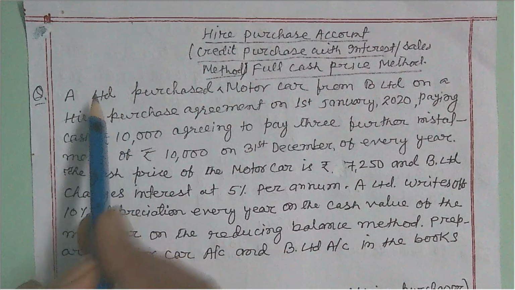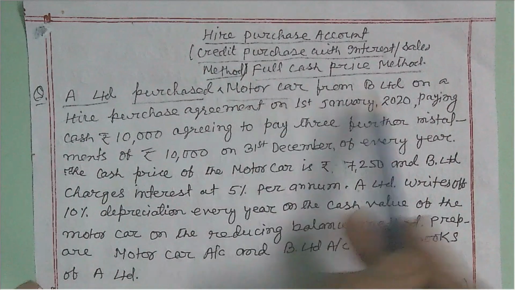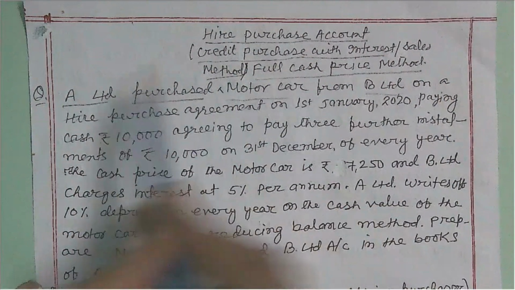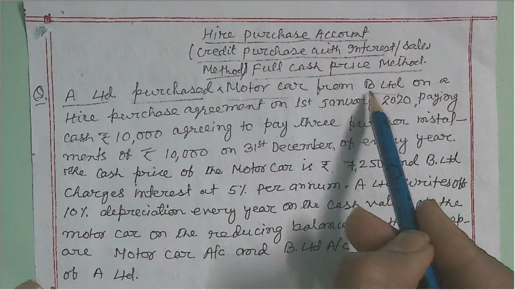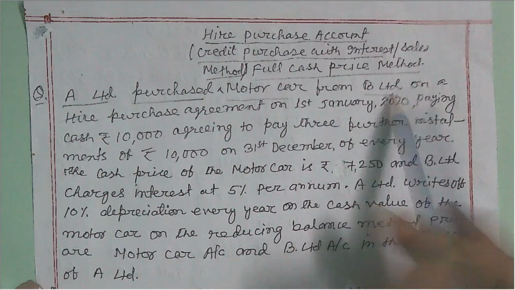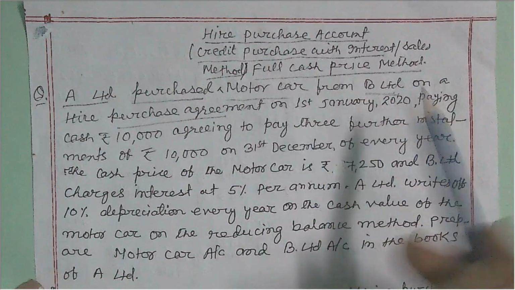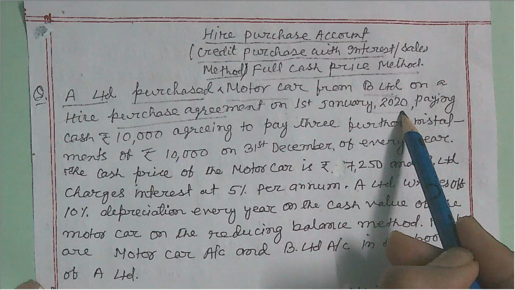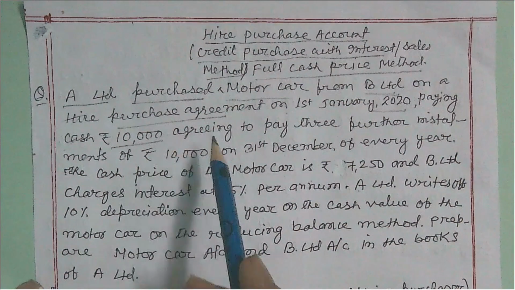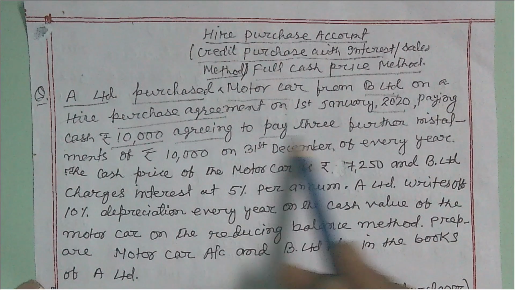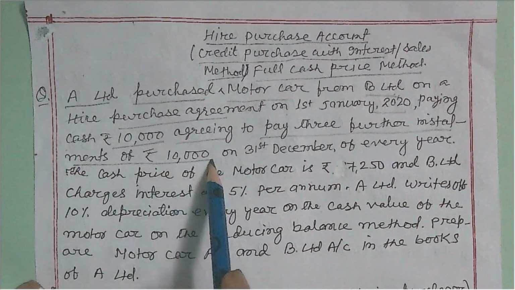So, starting with the problem, A Limited purchased a motor car from B Limited. So here A Limited is the hire purchaser and B Limited is the hire vendor, the seller, on a hire purchase agreement on 1st January 2020, paying cash rupees 10,000 and agreeing to pay 3 further installments of rupees 10,000.